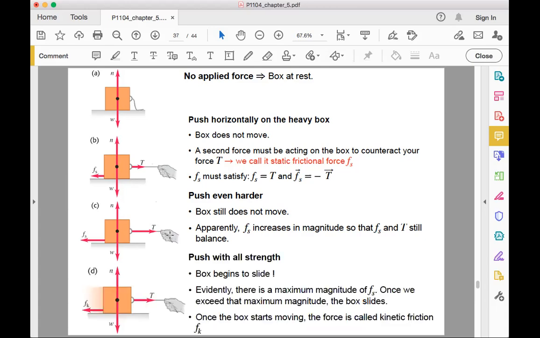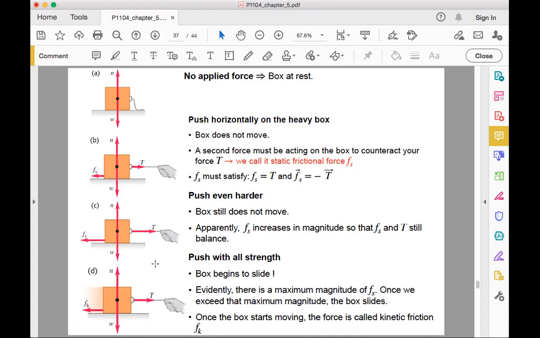Let's push even harder. Let's push to the maximum with our strength. Then we see that the box will start to slide. So at this point, we can say that there is a maximum value for Fs, definitely, because if we were increasing the tension T, Fs is increasing.